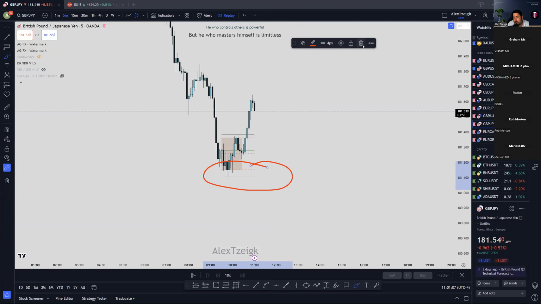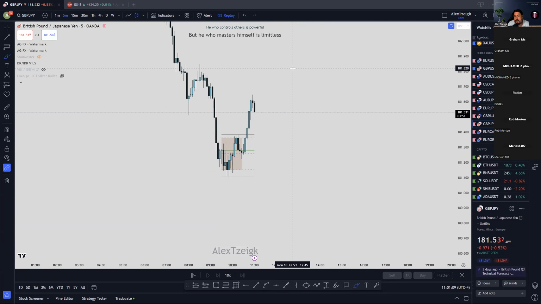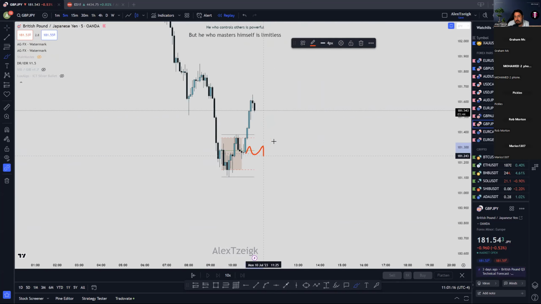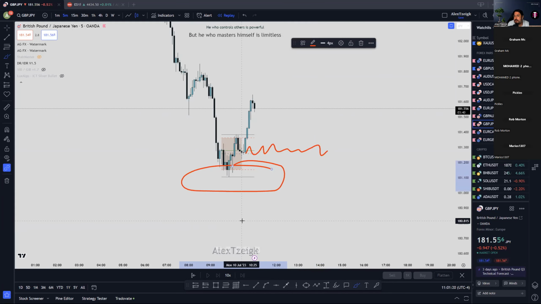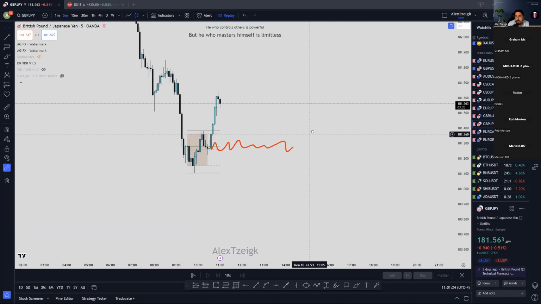This doesn't mean that we will make a 10 or 20 RR trade, but the rule will be confirmed, because if price does this, for example, the rule is still valid.